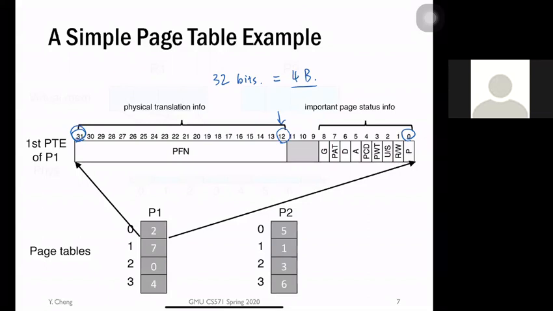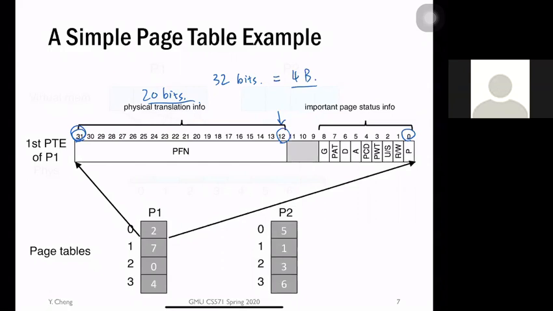So all of these 20 high bits are reserved for storing the most important information within the page table entry, which is the physical frame number. Okay, so in this case, this physical frame number has exactly 20 bits.